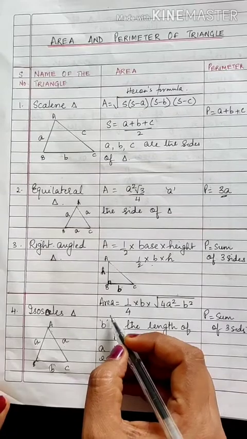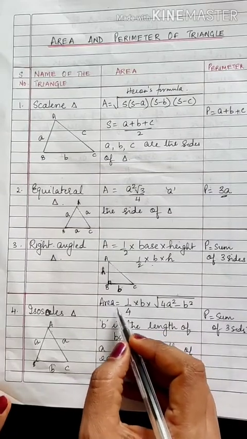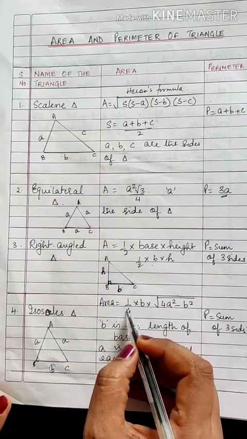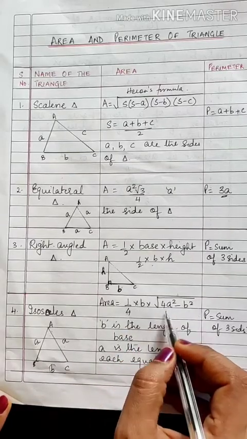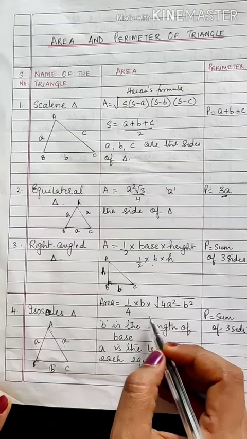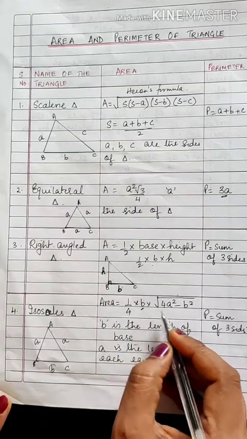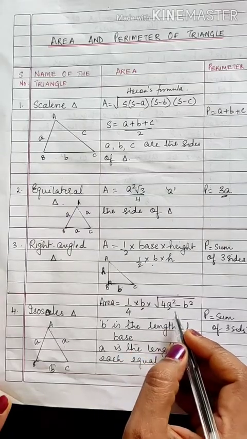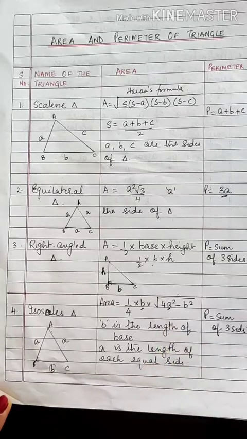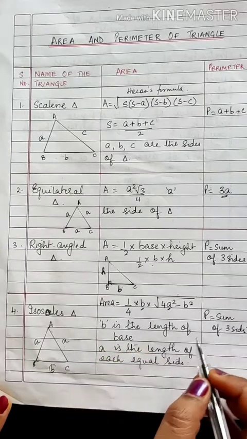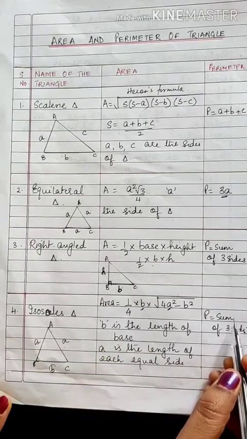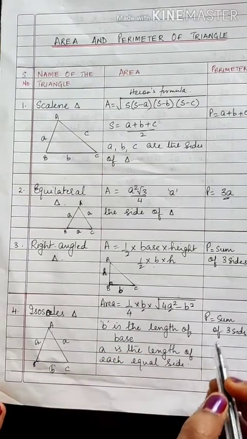The area of an isosceles triangle is given by the formula 1 by 4 into b into root over 4a square minus b square, where b is the base and a is the length of the equal side. How to calculate the perimeter of an isosceles triangle? It can be calculated by just adding the three sides.